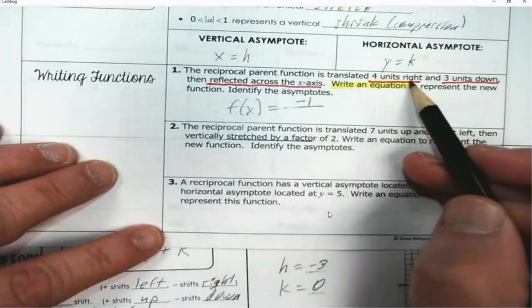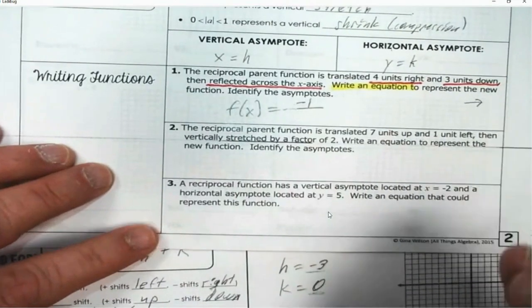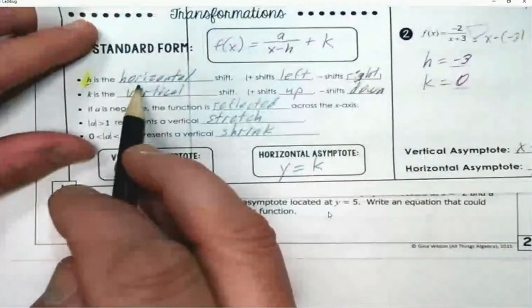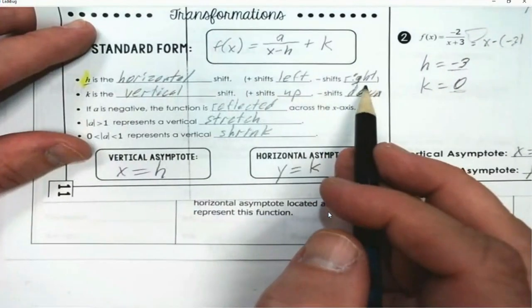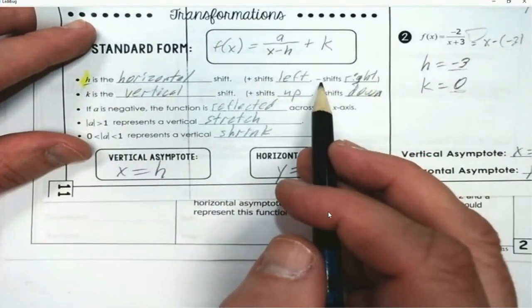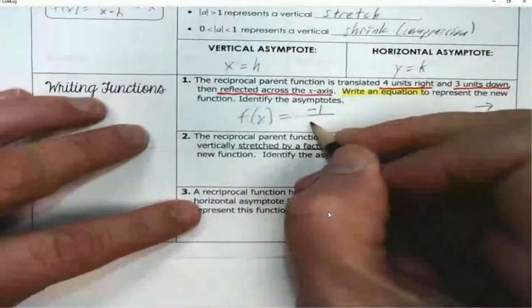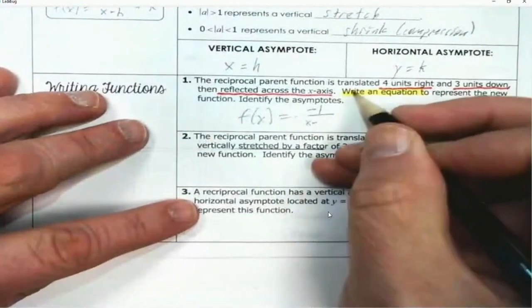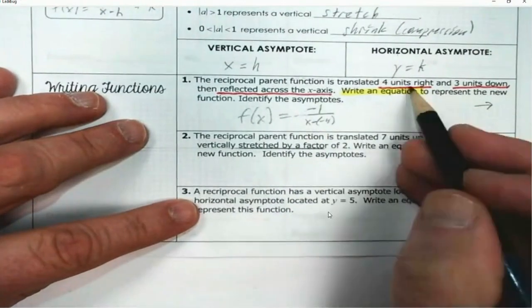4 units right. It's going to the right. Well, let's go back and look at our notes. H, when it's a negative, shifts to the right. So the H will be a negative. So it's x minus -4, because it went right.